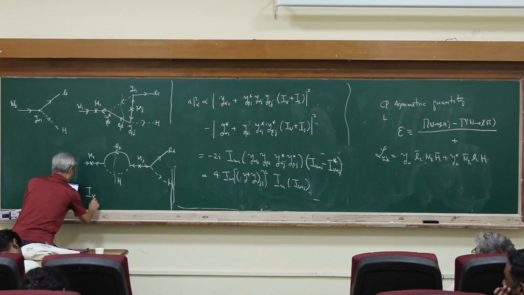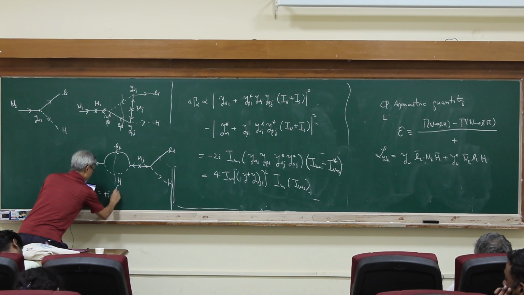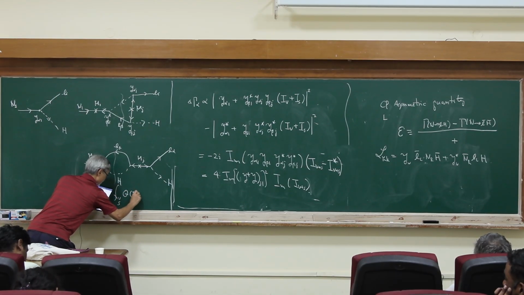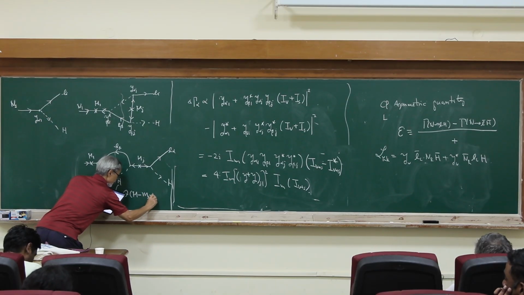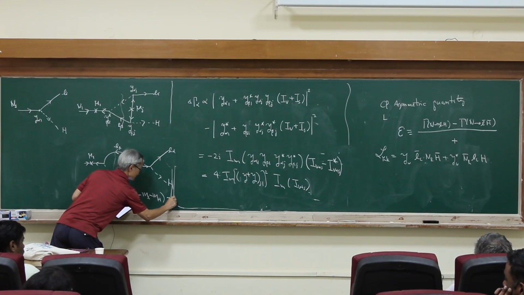So the imaginary part is some loop function times theta of the mass difference, plus a real part.